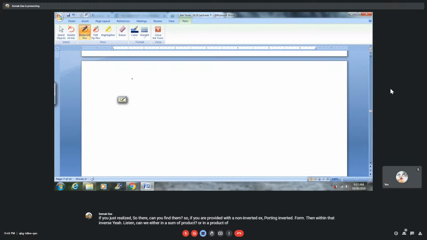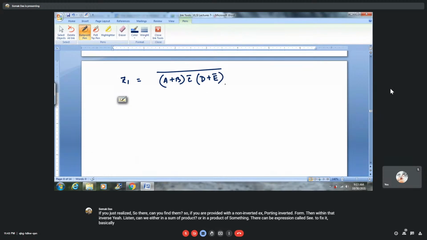So there can be an expression Z1 such that Z1 equals (A plus B)(C bar)(E plus C bar). So this is basically a product of sum form.